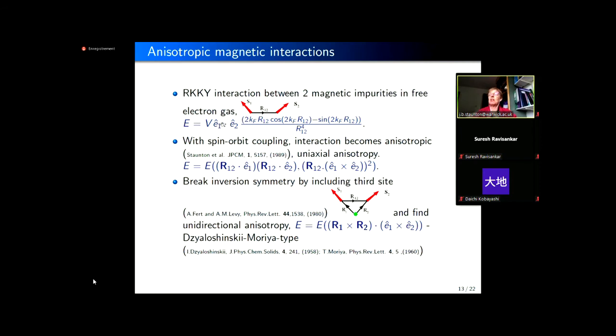It's just the scalar product between the two orientations of the magnetization, and a piece that falls off as 1 over r cubed and oscillates as these two sites are brought further and further apart. And you probably recognize this is the form of the famous RKKY interaction, the interaction between two magnetic impurities in a free electron gas. But it's a nice scattering theory application just to see how you can derive this from scattering theory.